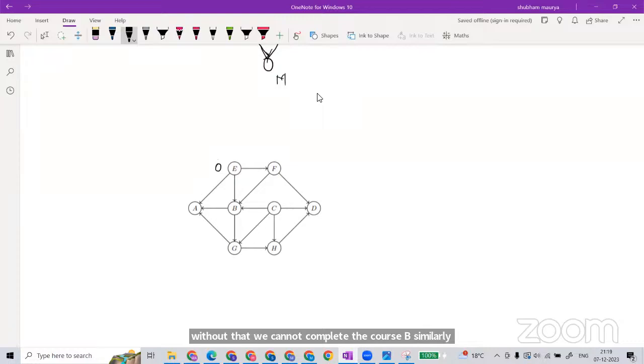So in which order do we need to proceed so that we are able to complete all the courses?